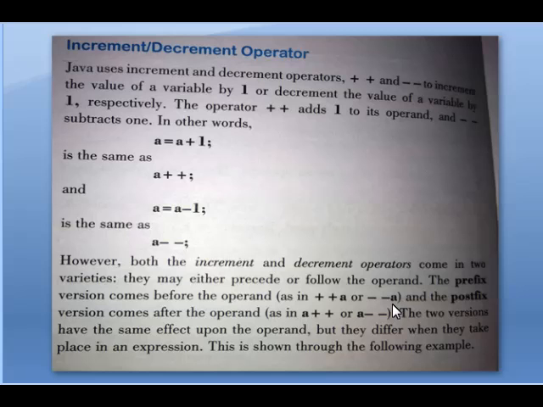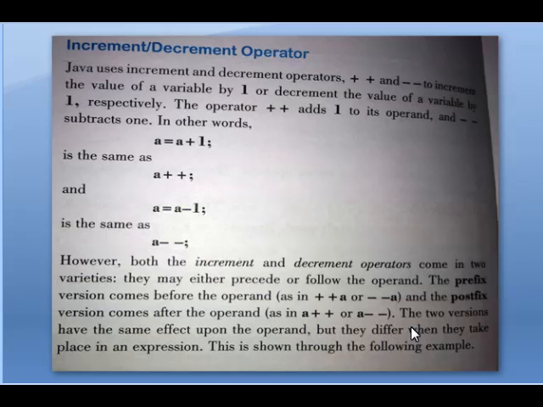And the postfix version comes after the operand, as in a plus plus or a minus minus. So if the operator comes before the operand, it is called a prefix increment or decrement operator. If it comes after the operand, we call it a postfix operator.